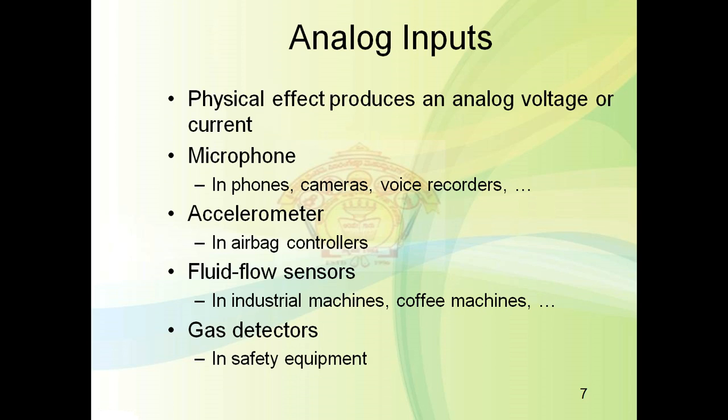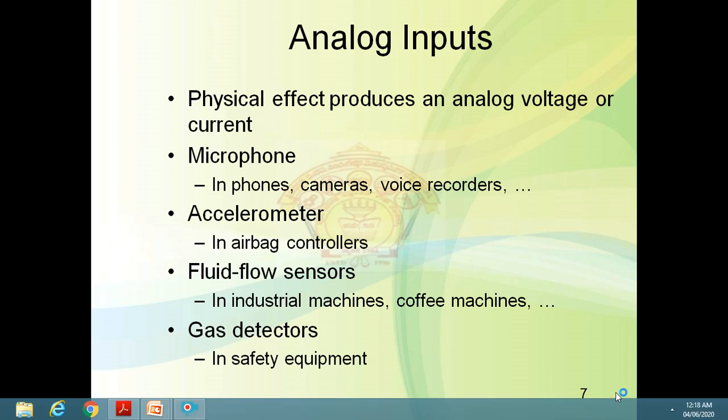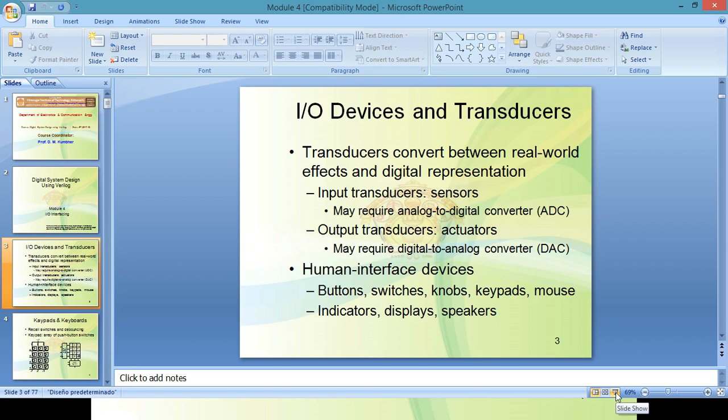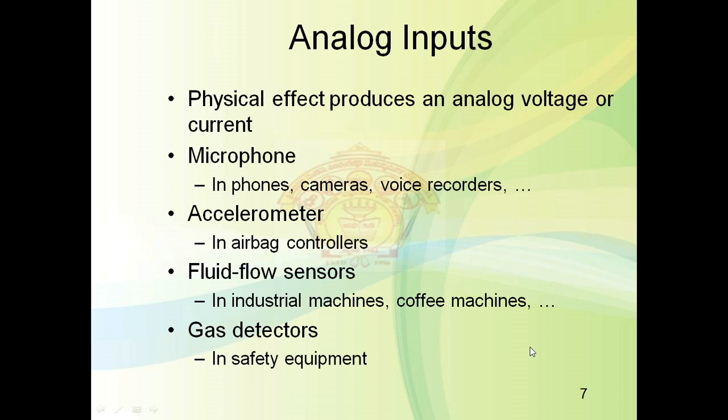Another input device we can use is the gas detector. There are numerous forms of sensors that use different effects. An example is the photo ionizing detector, which uses ultraviolet light to ionize the samples.